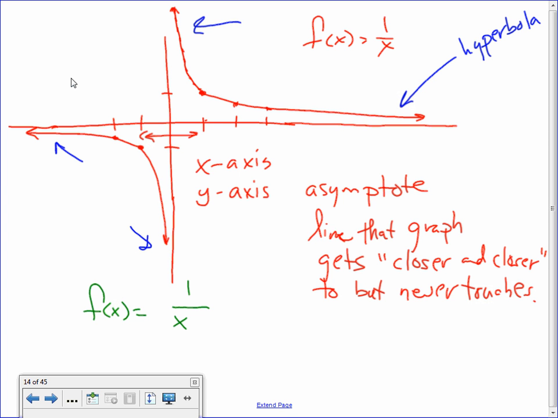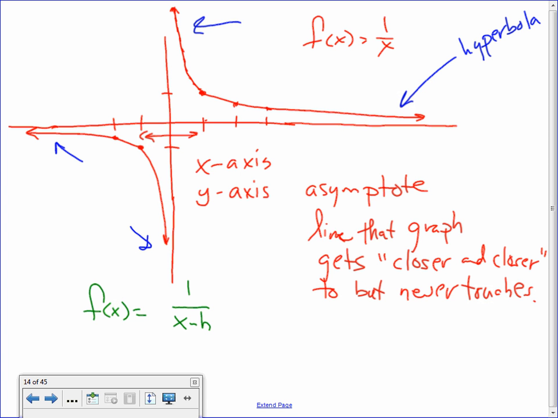So if we were to, say, subtract h from x before we reciprocate it, this would be a horizontal shift. In other words, f of x is equal to 1 over x minus h would shift, and let's imagine for the moment that h is positive, this graph h units to the right.